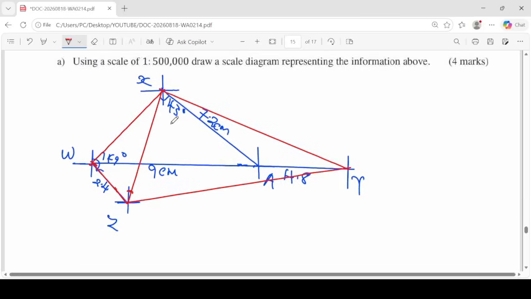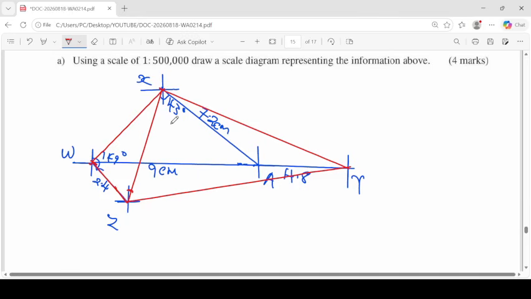I can decide to calculate the area by dividing this into two triangles: triangle XWZ and triangle XWY. We have this one.